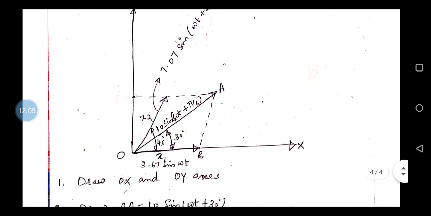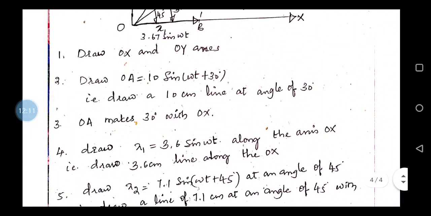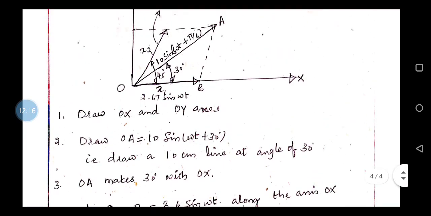Now draw x1 is equal to 3.67 sine omega t along axis OX. The equation x1 makes a phase angle of 0. So at an angle of 0 degrees, draw a 3.67 centimeter line and mark it as B. O to B measures 3.67 centimeters, and it is x1.